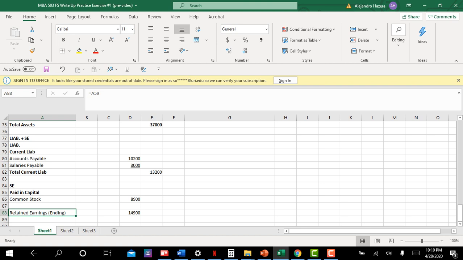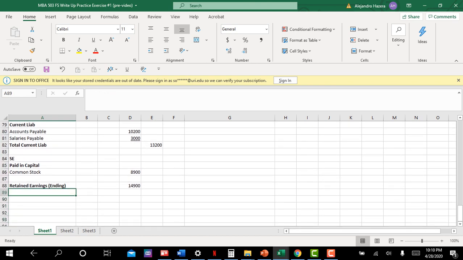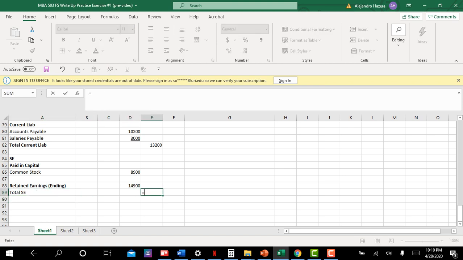earnings. I'm going to put this in bold to emphasize that paid in capital and retained earnings are 2 different categories of shareholders' equity. I'm going to say total shareholders' equity here. Your total shareholders' equity is equal to the 8,900 plus the 14,900.